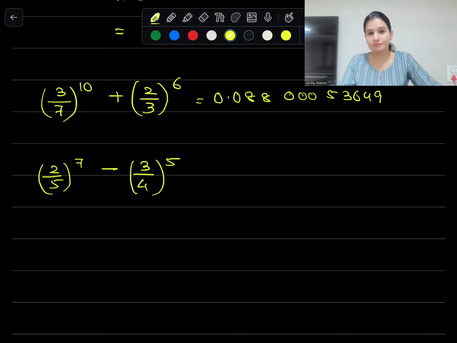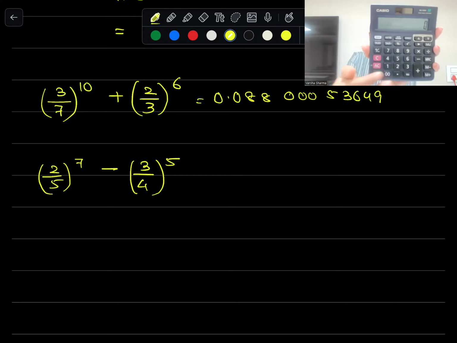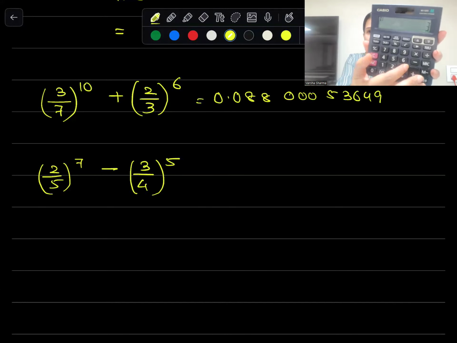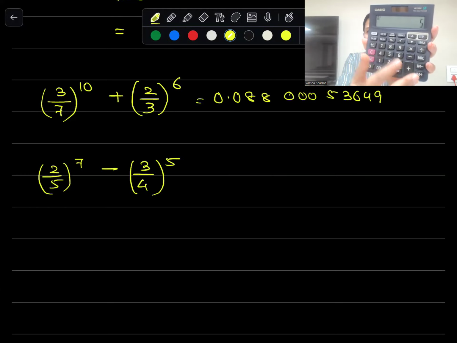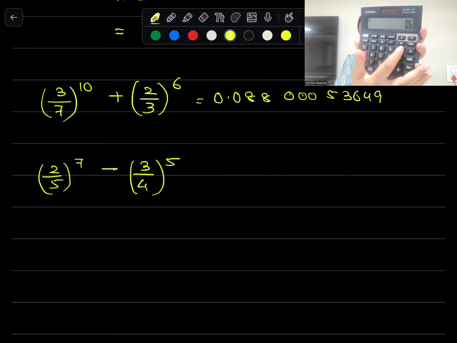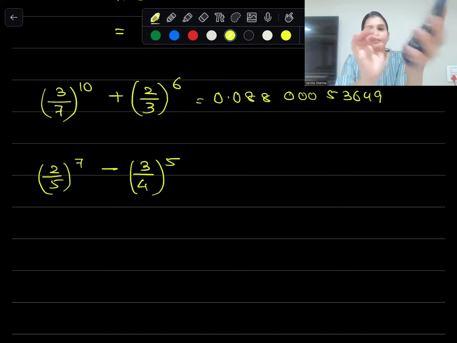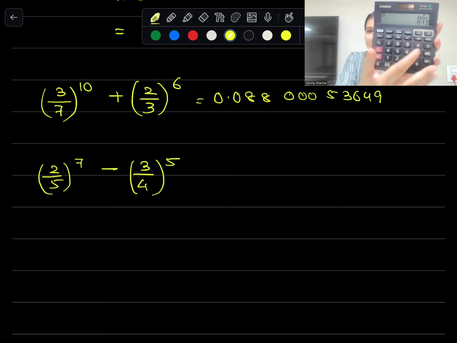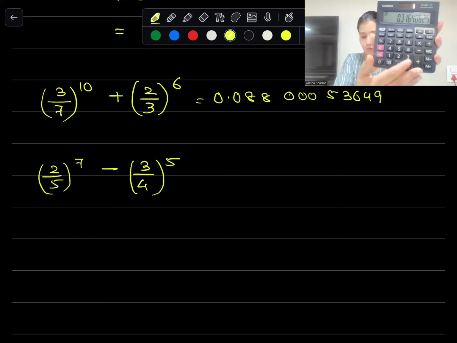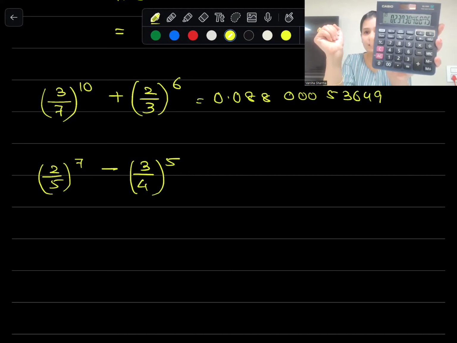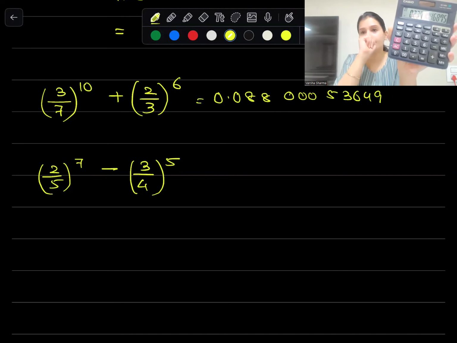Okay. Now we'll first find the one I'm going to subtract. First calculating 3 divided by 4, multiply 2, 3, 4, 5. Now what is the sign before this?